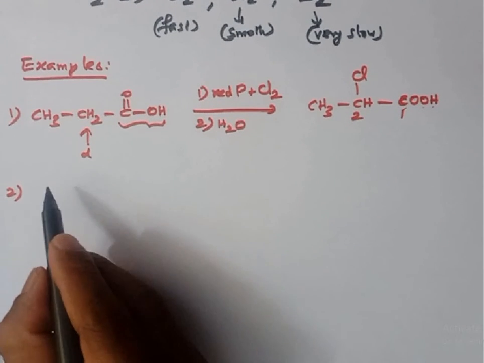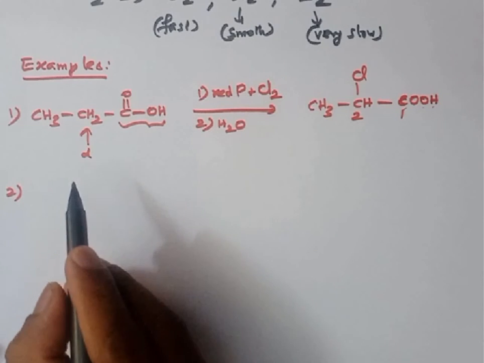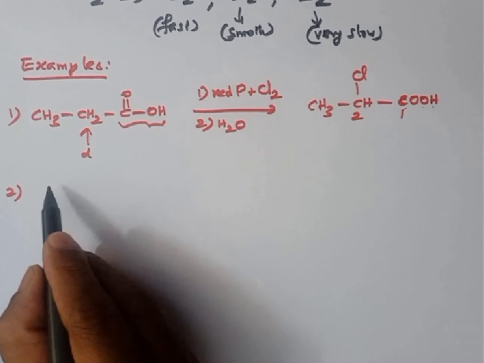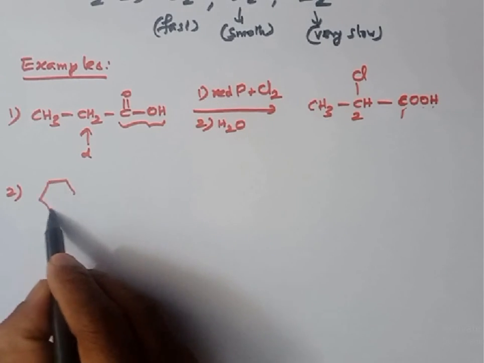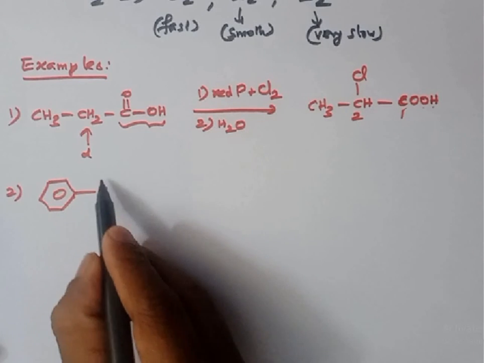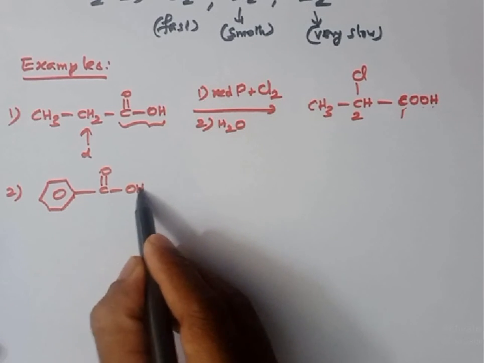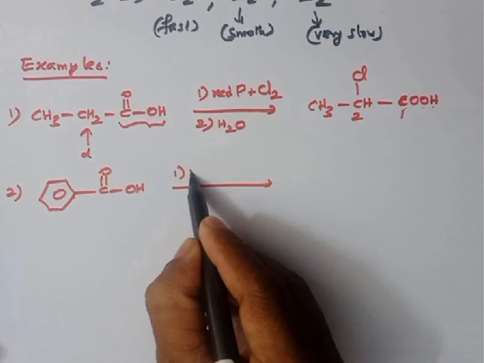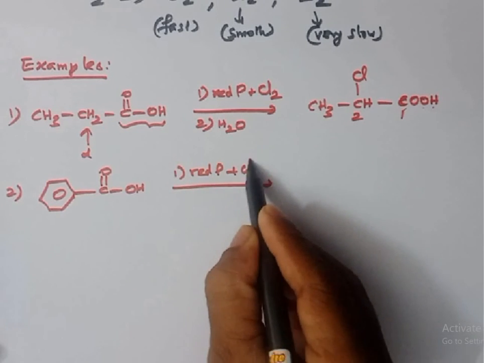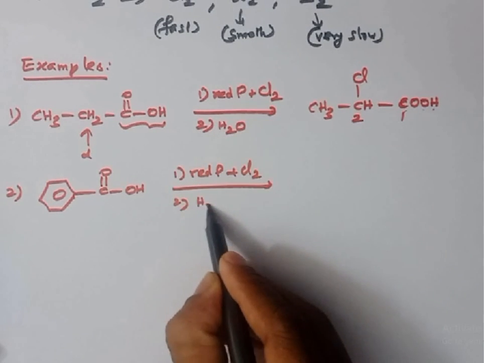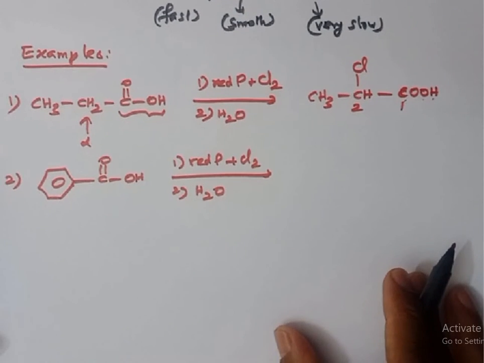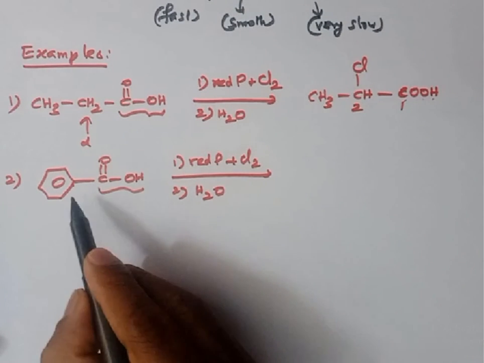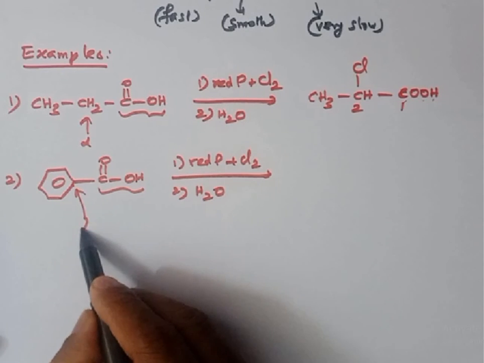Second example. See this, student, this is very important. I'll take benzoic acid and I'll put red phosphorus plus chlorine, further hydrolysis. See, student, in this case we have carboxylic acid and this is the alpha carbon.